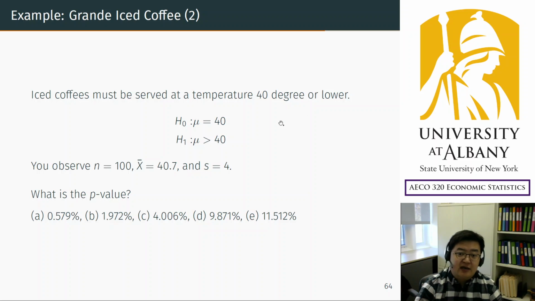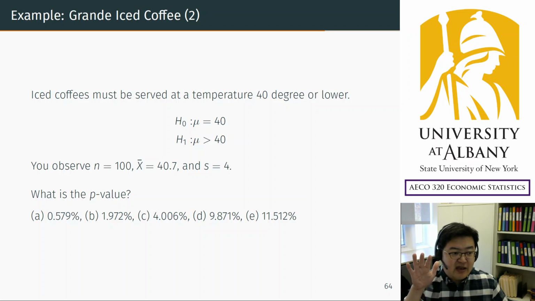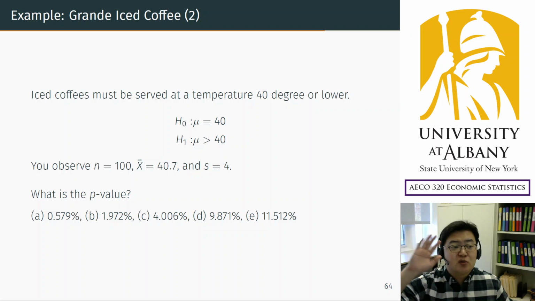So you are testing, and in this case, it doesn't matter if the temperature is lower than 40 degrees, right? Like 30 degrees, 20 degrees. Of course, if it's too cold, actually 20 degrees won't be possible. Anyhow, it doesn't need to be exactly 40 degrees. Lower than 40 degrees is totally okay.